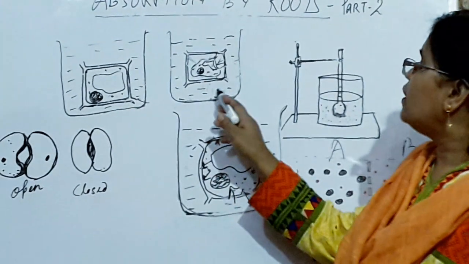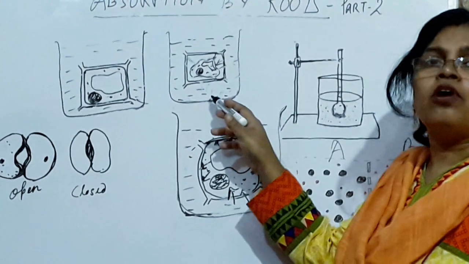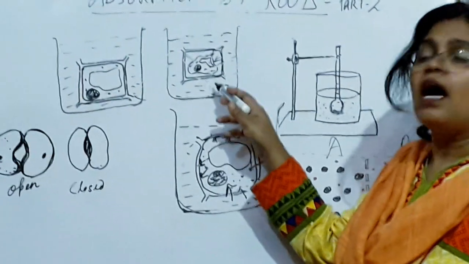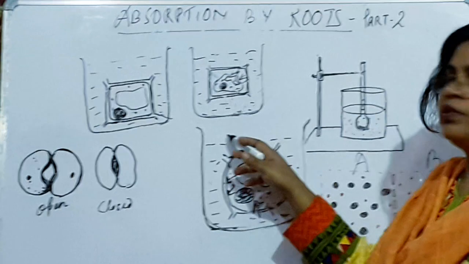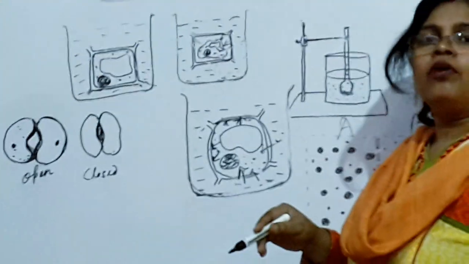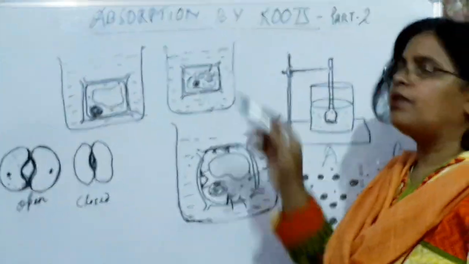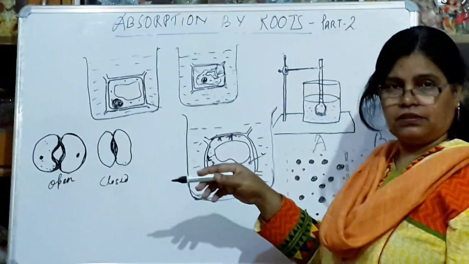The outer solution may possess more solute particles, that is, the solute concentration is higher. So from the cell, water molecules, that is the solvent particles, pass out of the cell, and that's why the mass of the protoplasm decreases and the cell shrinks.